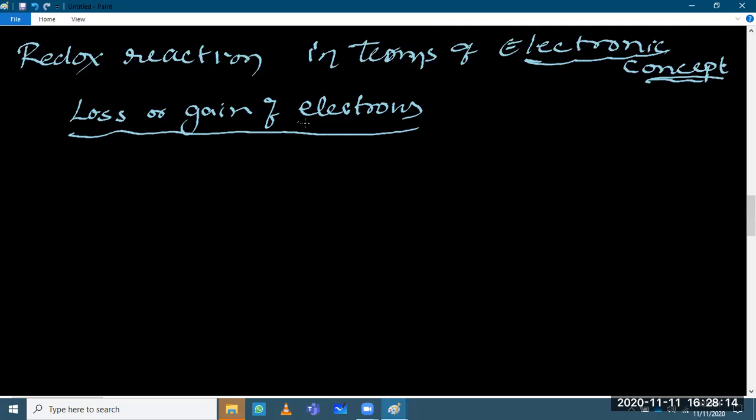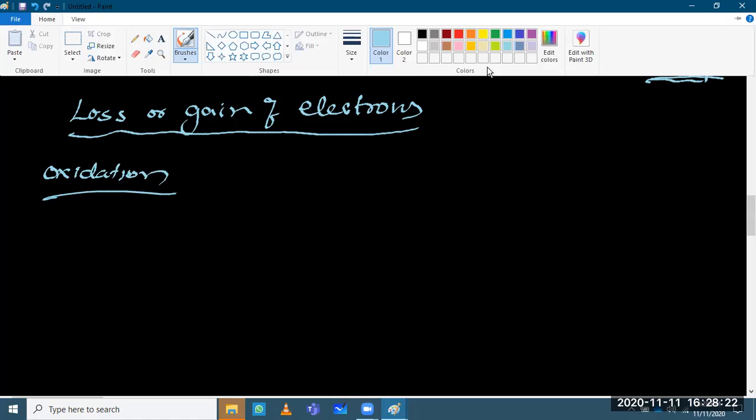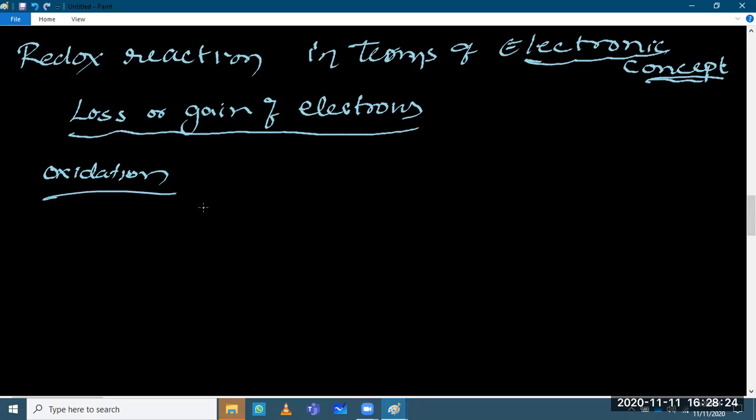Either loss or gain of electrons. For example, what is the meaning of oxidation according to the electron theory? Oxidation is a process in which an atom or ion loses one or more electrons.